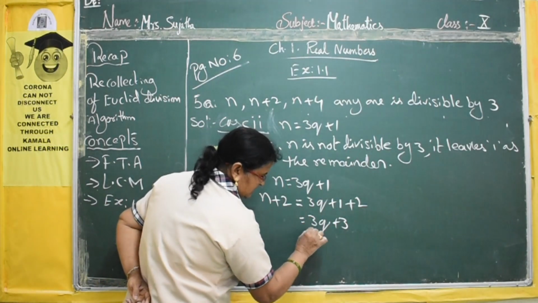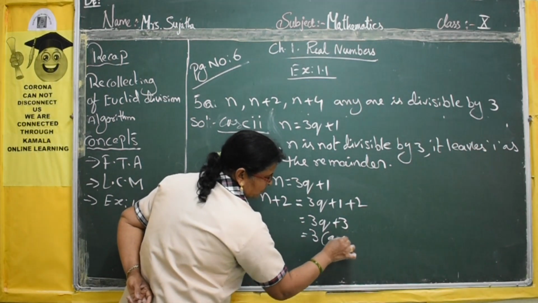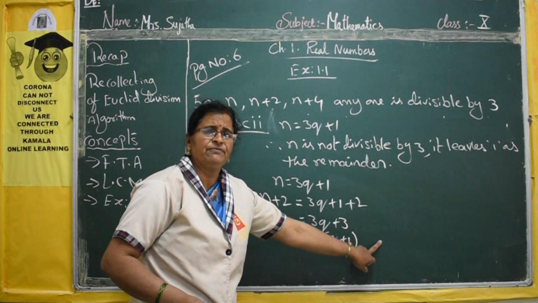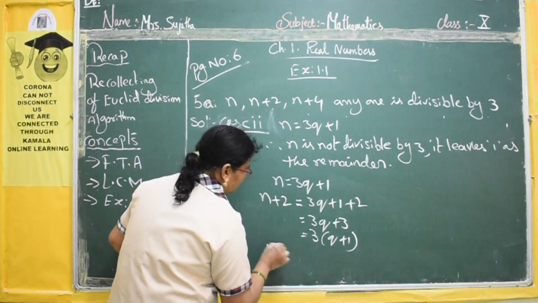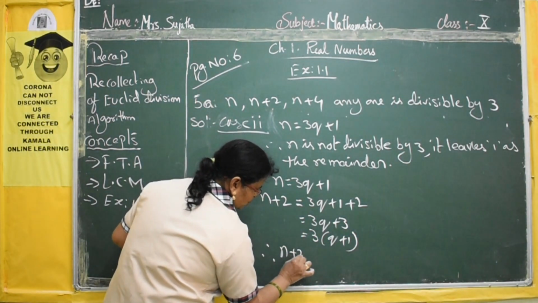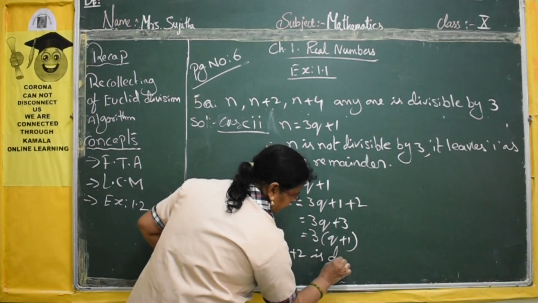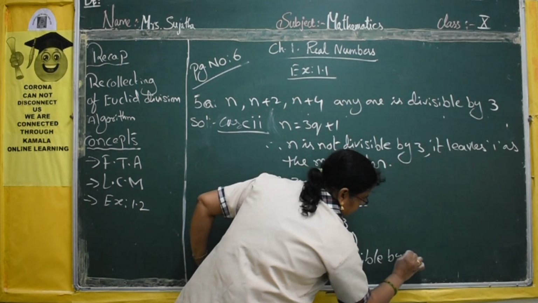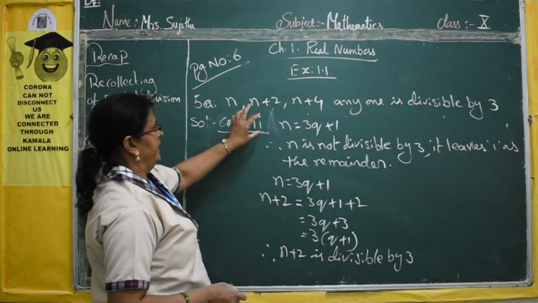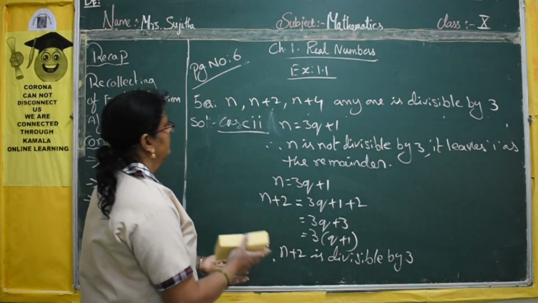Because if you take 3 as the common, 3 of q plus 1. Is there any remainder left? Not left, no? Here 0. 0 is the remainder. Therefore, n plus 2 is divisible by 3.